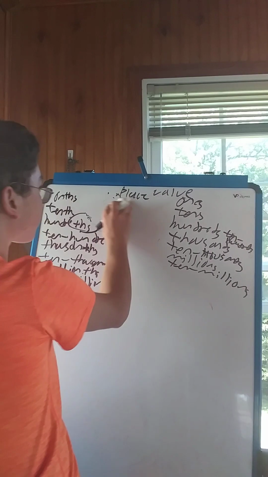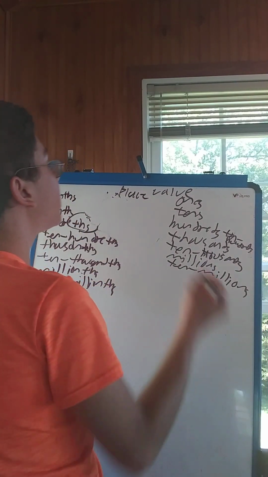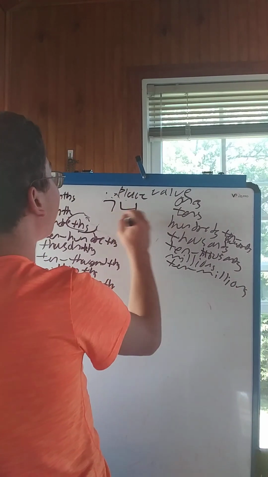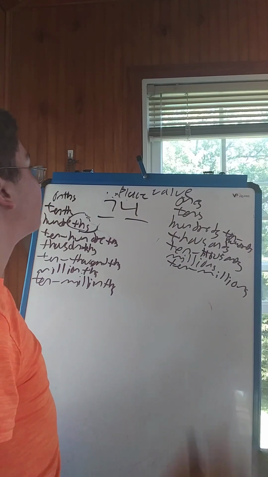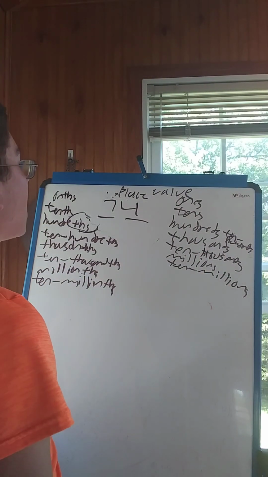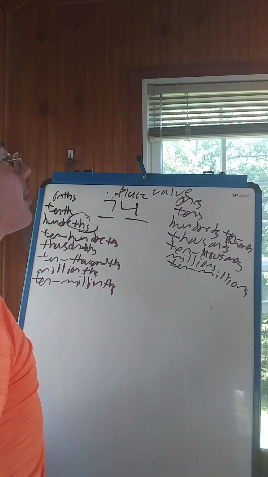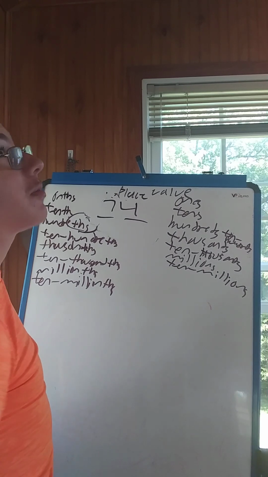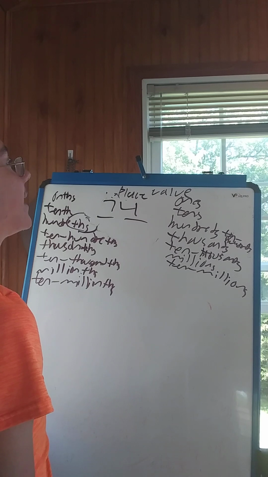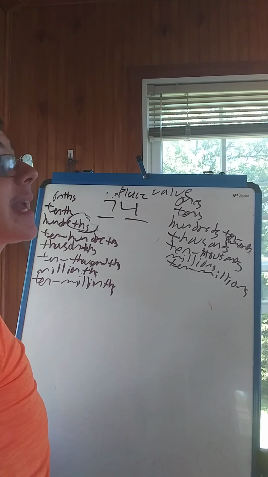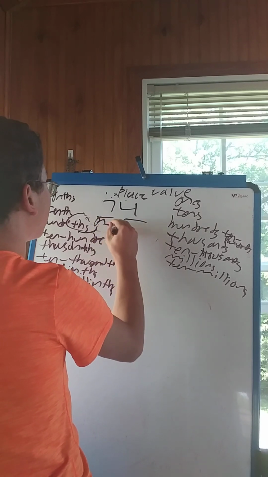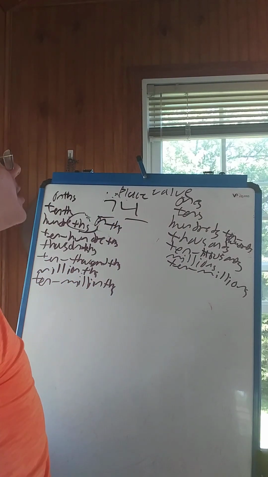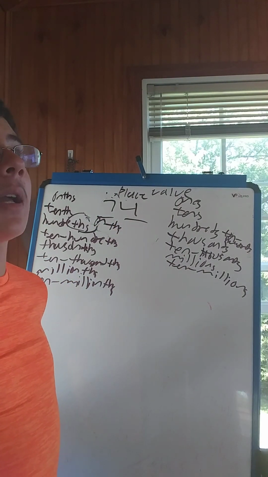So let's do 74. Going from left to right, which placement would the 7 be in? Exactly, the 1. Going from right to left, what would the 4 be in?